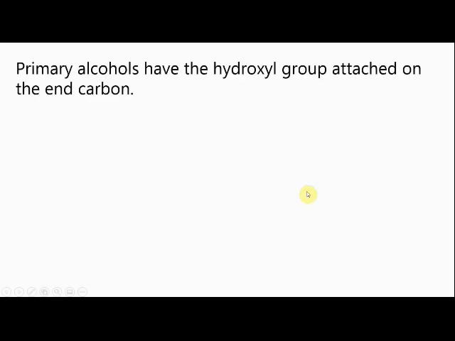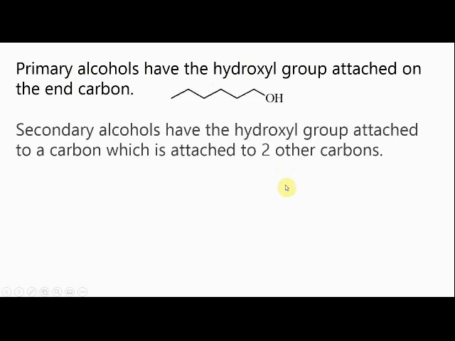The alcohols actually run into three categories because the alcohol can be either on the end carbon or somewhere in the middle. We have primary alcohols, where the hydroxyl group is attached to the end carbon. We have secondary alcohols, where the hydroxyl group is attached to a carbon which is attached to two other carbons, somewhere in a long carbon chain.